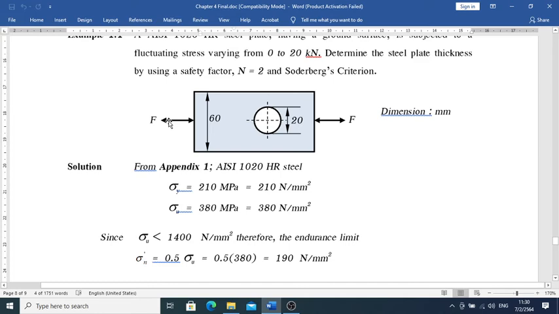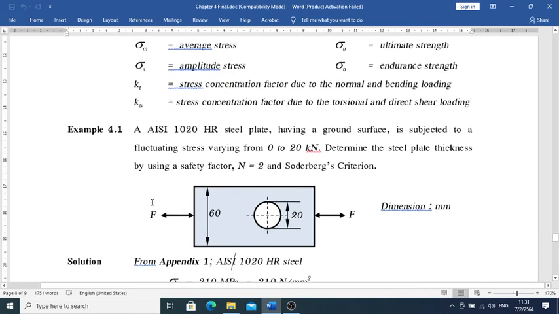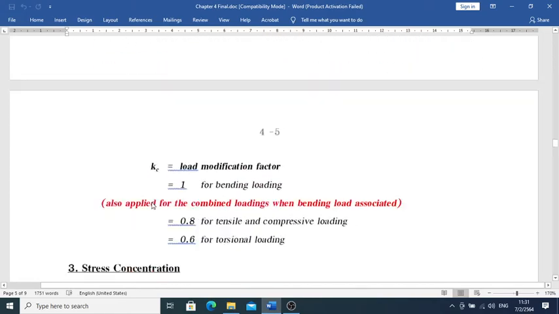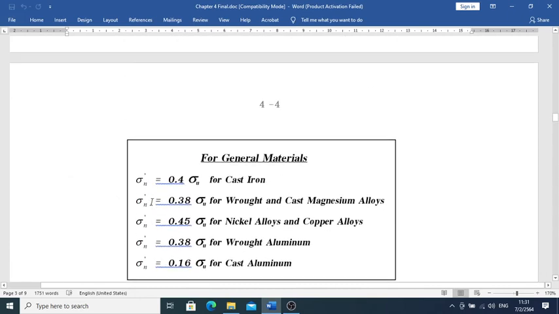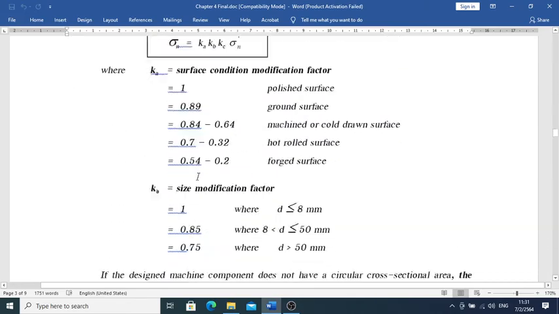So therefore, I look up in appendix number 1: sigma_y is 210, sigma_u is 280. Based on sigma_u being less than 1400, I find sigma_n prime is 0.5 sigma_u, based on page number 4 there. It says that below 1,400, sigma_n prime is 0.5 sigma_u, respectively.